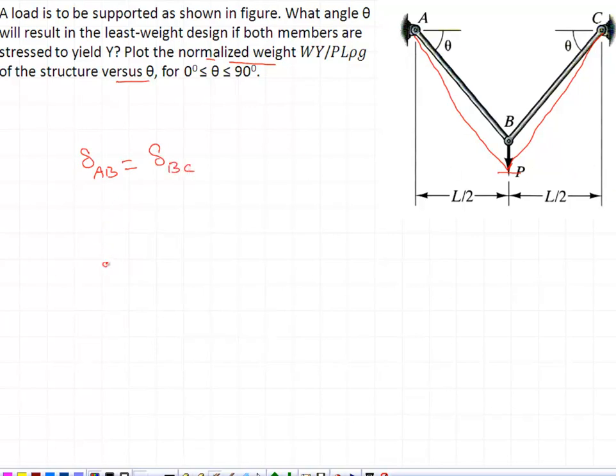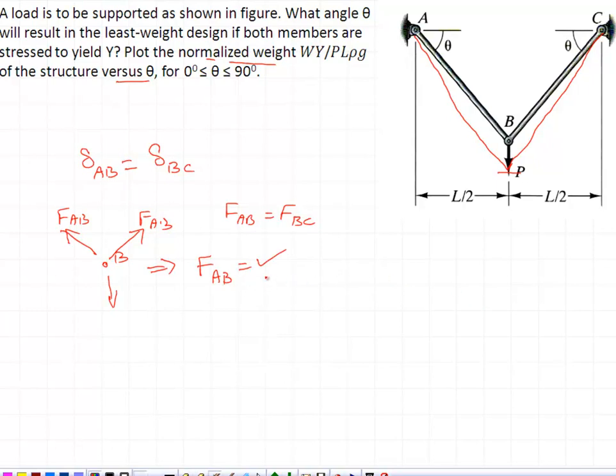We also use equilibrium at B in order to find these two forces. By symmetry, FAB is equal to FBC, so I can write FAB here and FAB here, from which it is possible to find FAB.